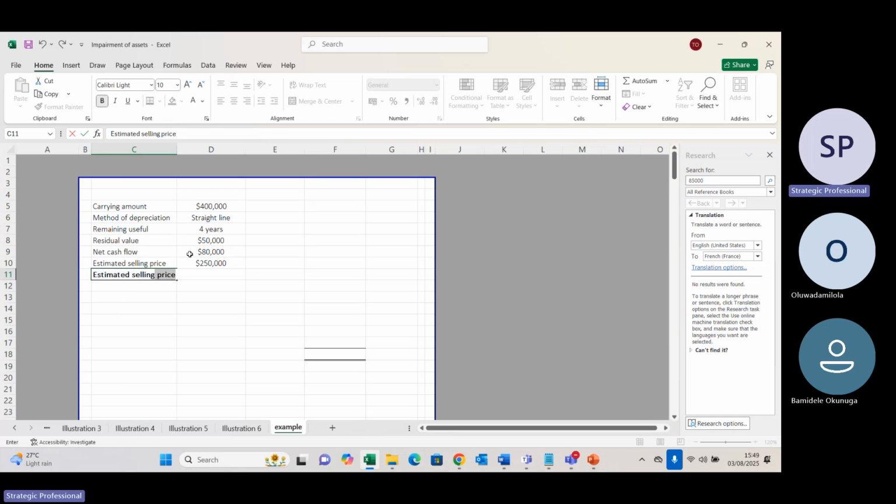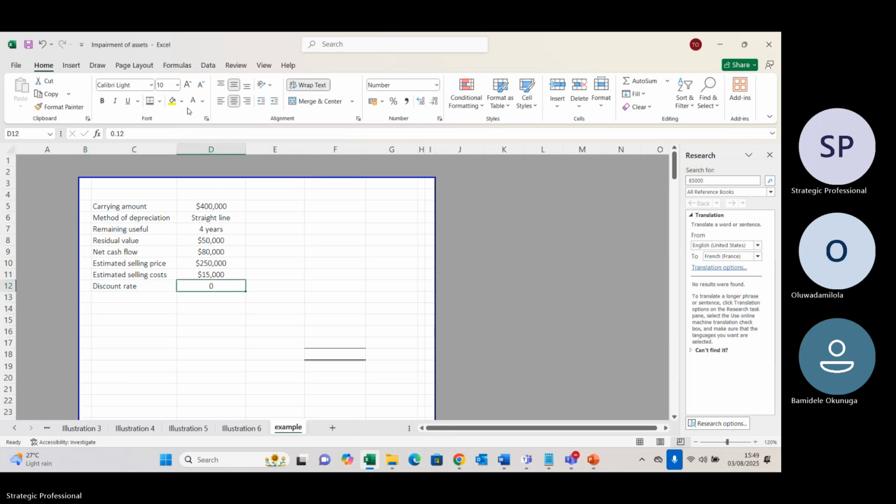Estimated selling cost is 15,000. Discount rate is, let's say, 12%. Okay. I have everything I need.